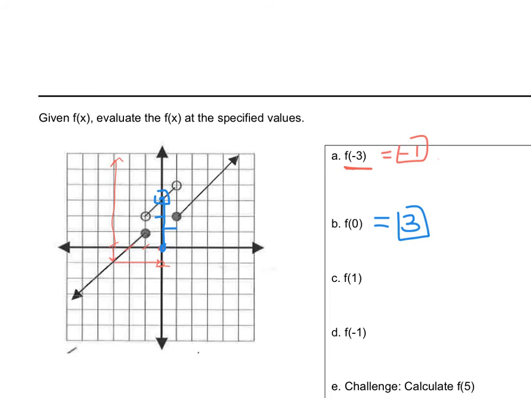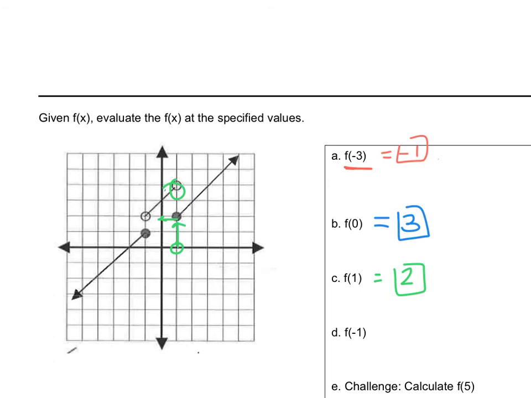I'm going to erase my graph. And then I'm going to do f of 1. So I go out 1. I go up. And I hit 2. The reason why it's 2 and not 4 is because at 4 I have a bullet hole.